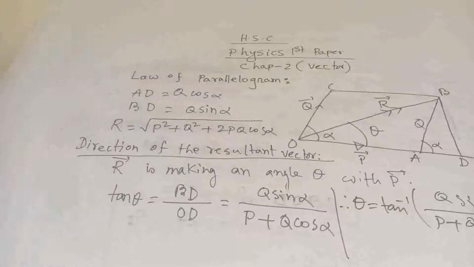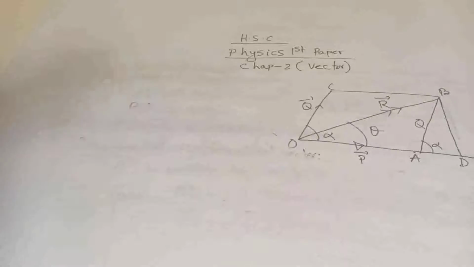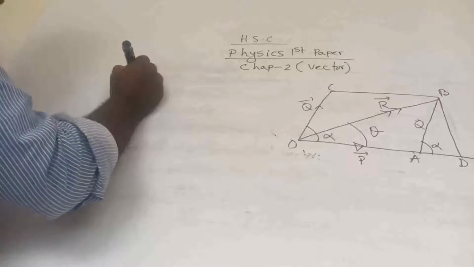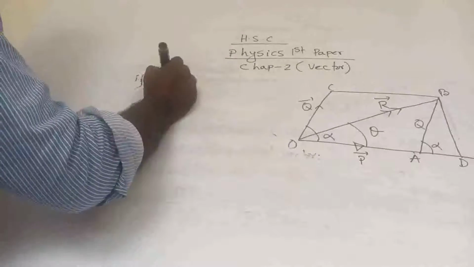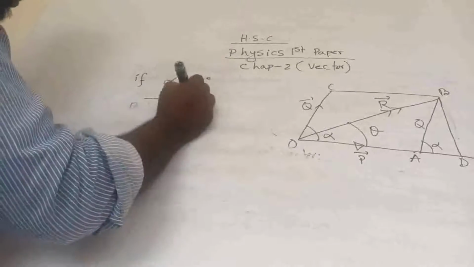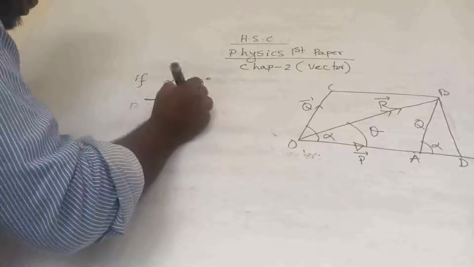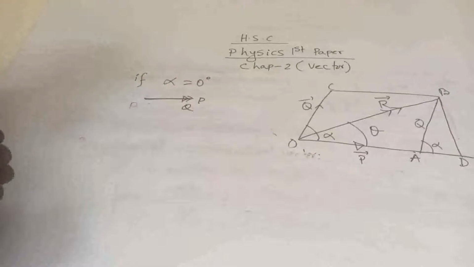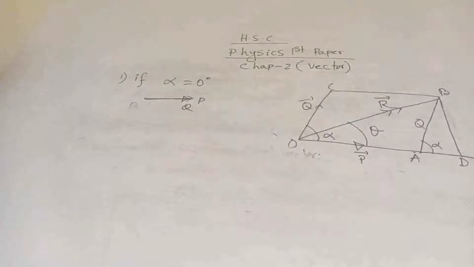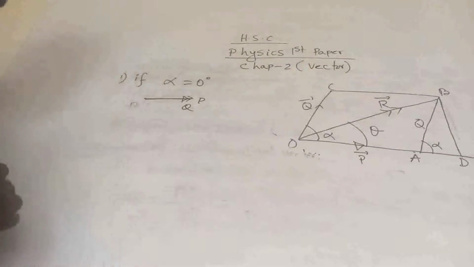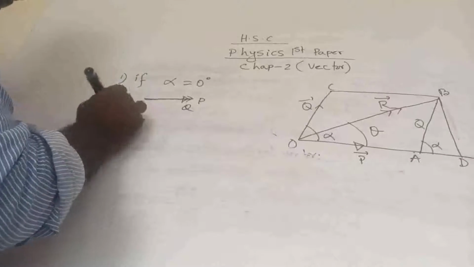So I will discuss some special cases about the formula. We can erase the board again. If alpha is 0 degree, what does it mean? This one is the P vector, and in the same direction the Q vector is also acting. If alpha is equal to 0 degree, what will be the resultant?